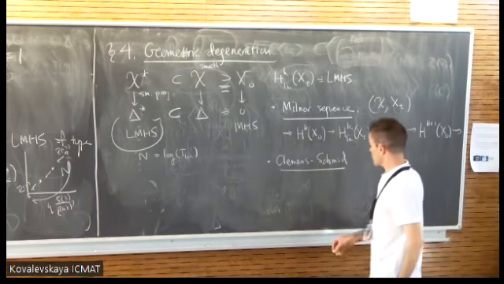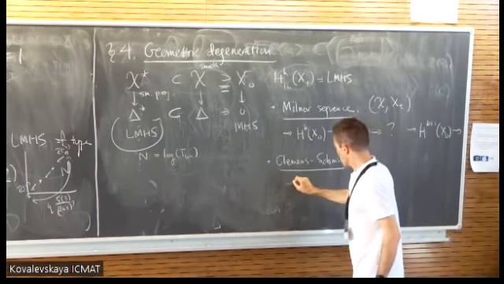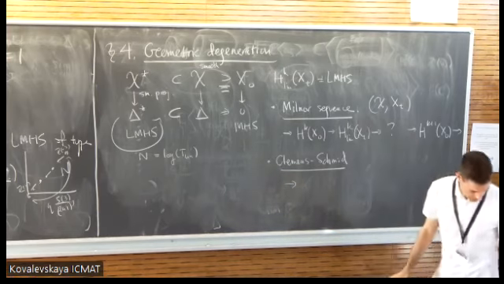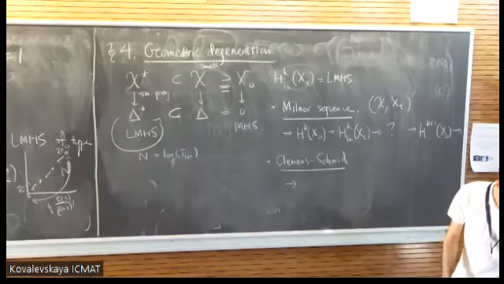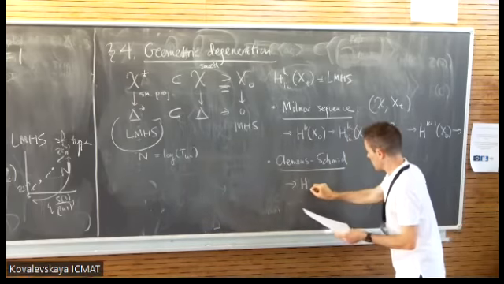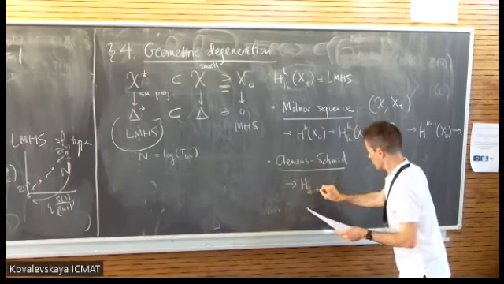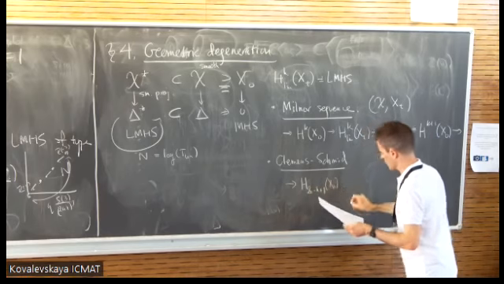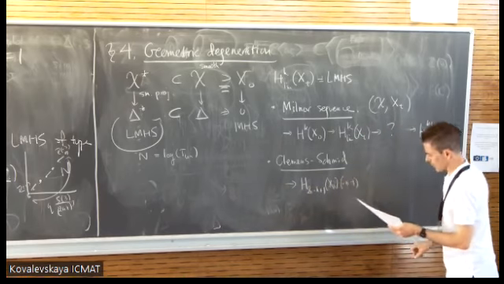The Clemens sequence is a bit of a different beast. I'm not going to write all of it, but let me just write a couple of terms. There's a Hodge structure on the homology of X_0, which I have to twist so it's in positive weights.